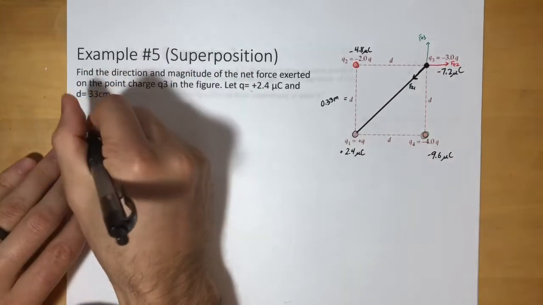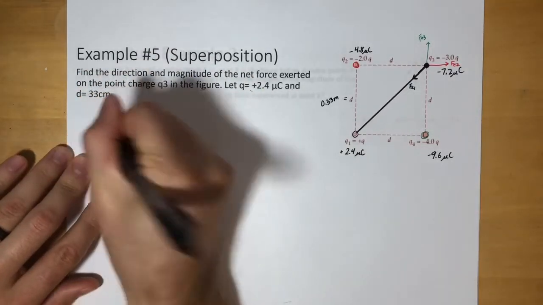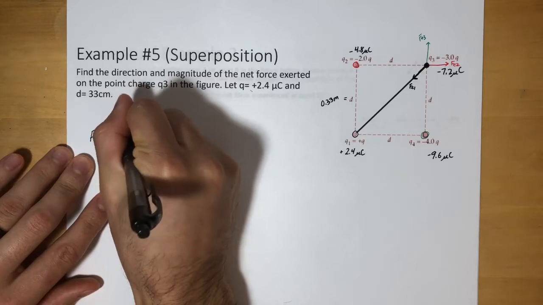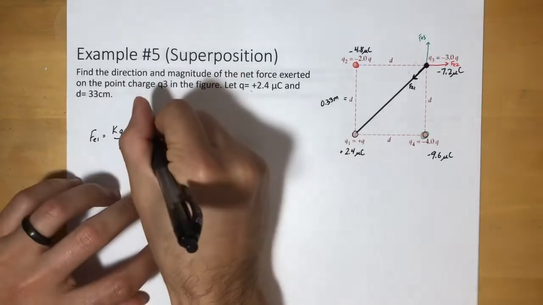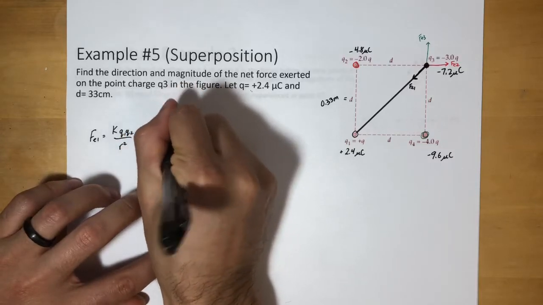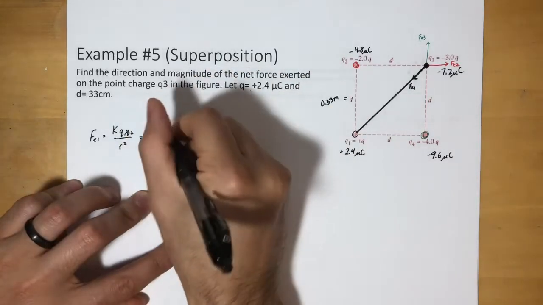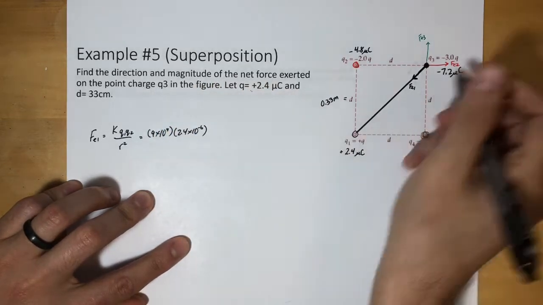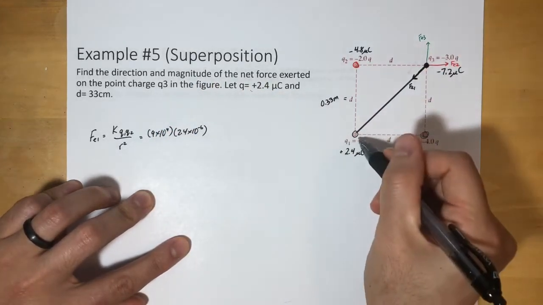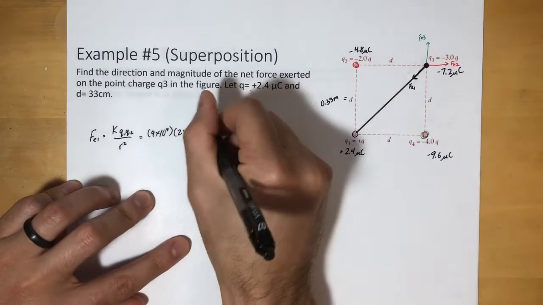So let's start with force of electricity 1, which is going to equal K Q1 Q2 over R squared. So this is going to be 9 times 10 to the 9th. Q1 is going to be 2.4 times 10 to the negative 6. And then Q2 is negative 7.2, so I'm just going to put 7.2.